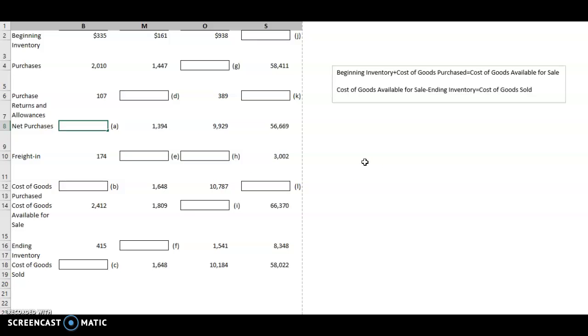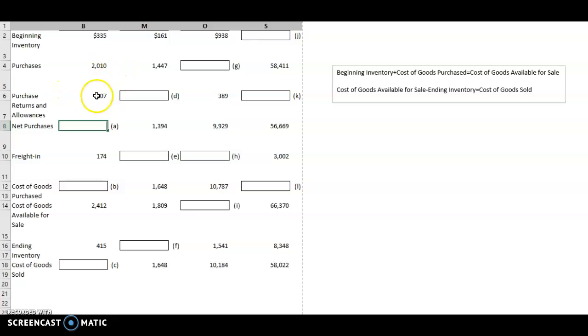We're asked to find the net purchases, and when we're finding net purchases, we're just going to total up all the purchases that have been made so far. So we're going to take our purchases of 2010 and subtract our purchase returns and allowances, since these are purchases that have been returned or have been given a reduction of the purchase price back to the customer.